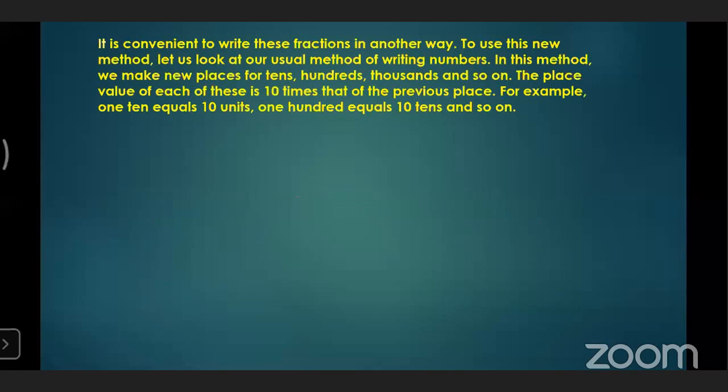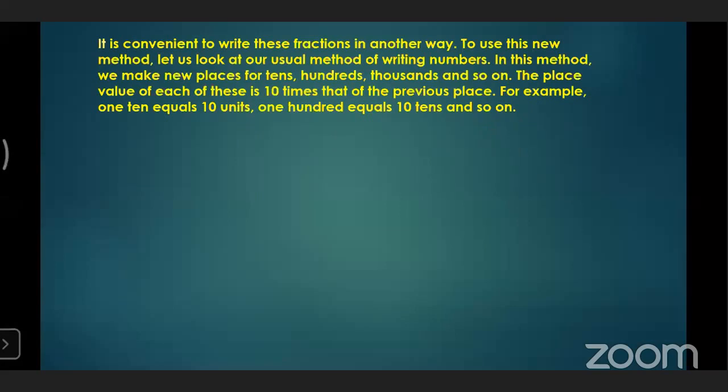Now, it is convenient to write these fractions in another way. To use this new method, let us look at our usual method of writing numbers. In this method, we make new places for tens, hundreds, thousands, and so on. The place value of each is 10 times that of the previous place. For example, 1 ten equals 10 units. 1 hundred equals 10 tens and so on.